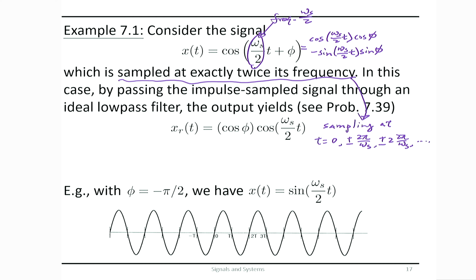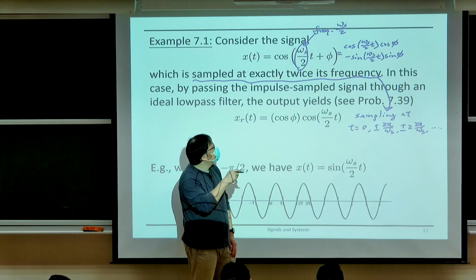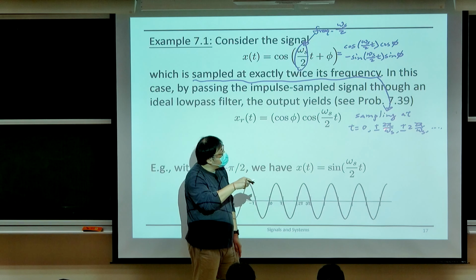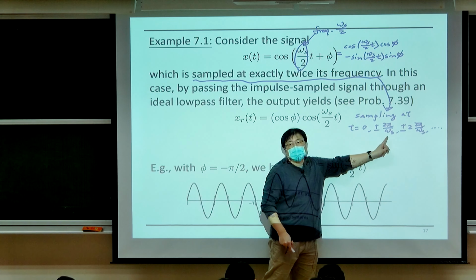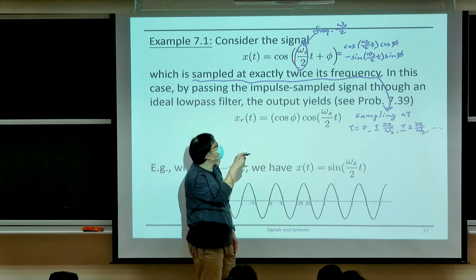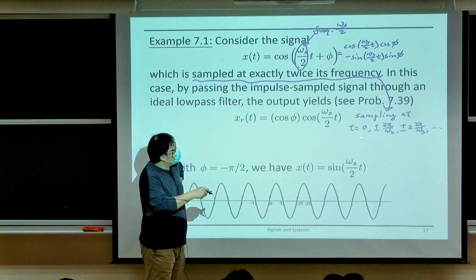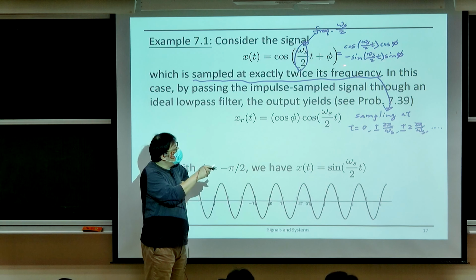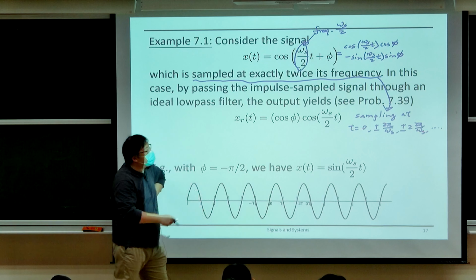So sampling at twice the frequency means that you're sampling with a period equal to 2 pi over omega s. So the sampling frequency is omega s, which is exactly twice omega s over 2. If you substitute this inside, you will see that this second term with the sine is always 0.